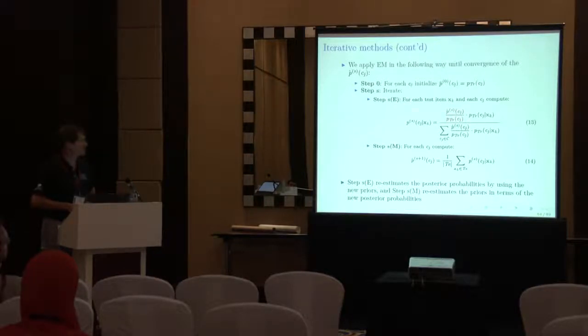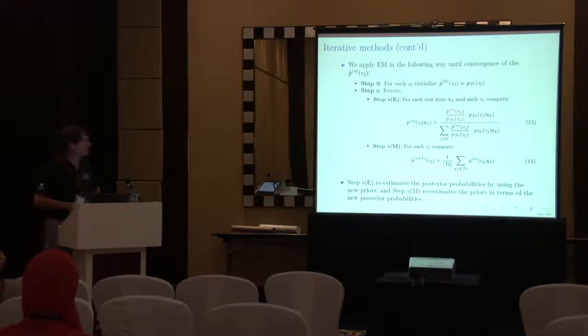So we have recomputed the posteriors. Once we have recomputed the posteriors, we can use them to recompute the new priors. This is the calibration step, in which we recompute an adjusted prior for class Cj by simply summing over the newly computed posteriors over the entire training set and taking the average.